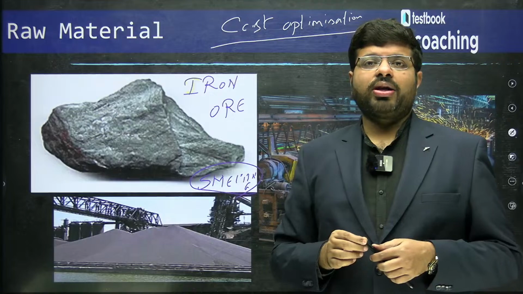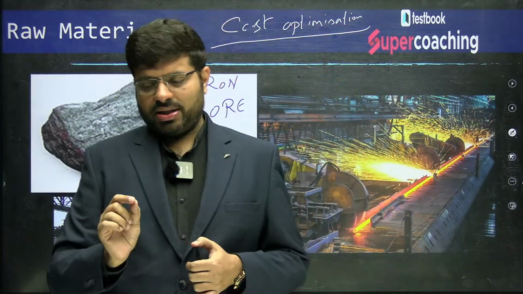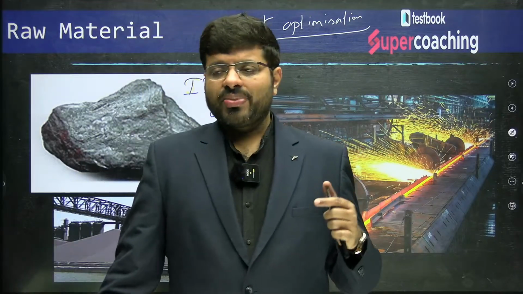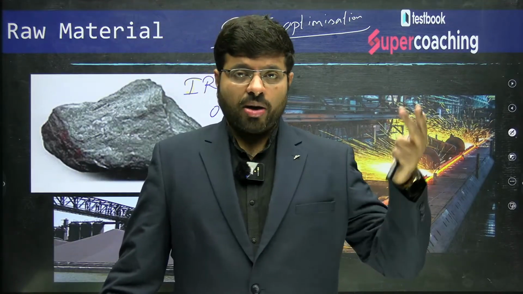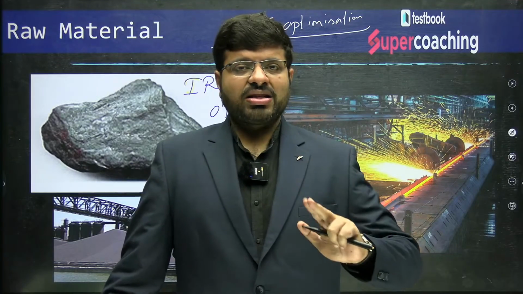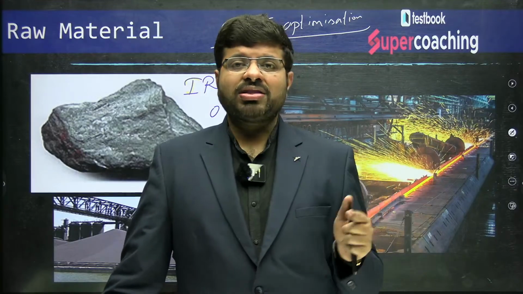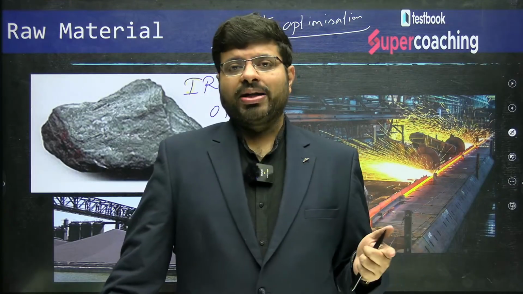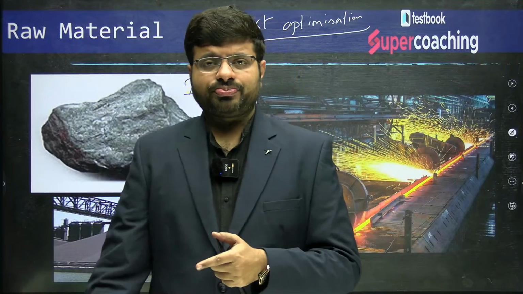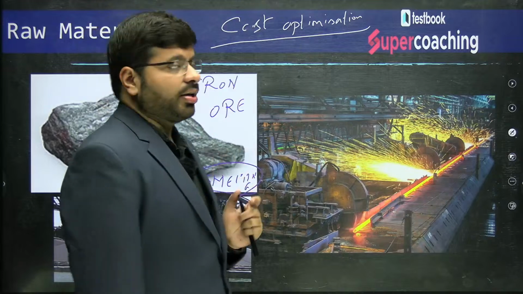So this is what you call a weight losing industry. What is that? Weight losing industry. When an industry is converting raw materials, R1 raw material, R2 another raw material, into a finished product, if there is so much loss of the raw materials as wastage, then it indicates that they are dependent heavily on raw material.